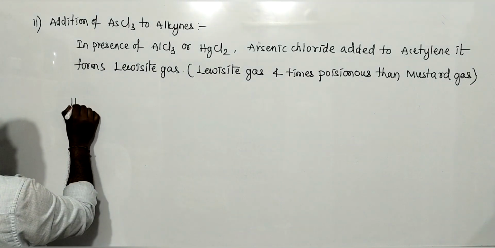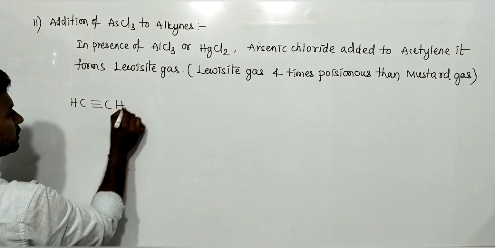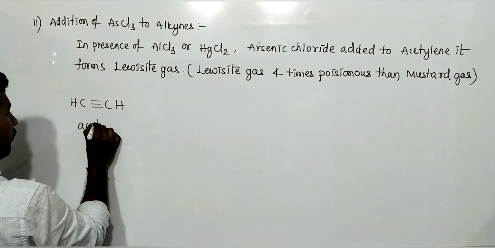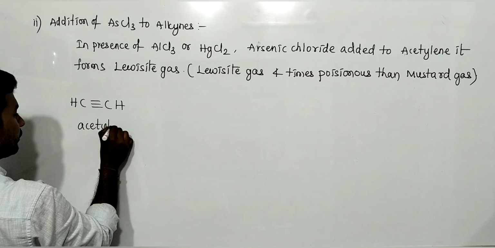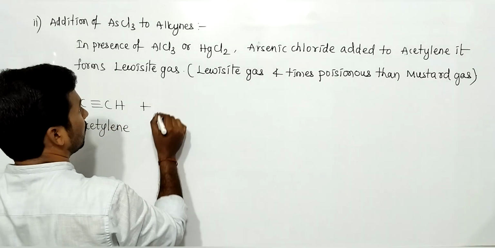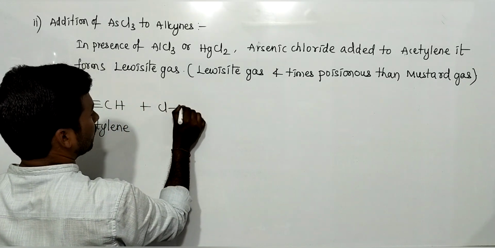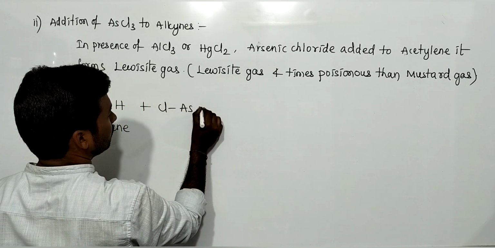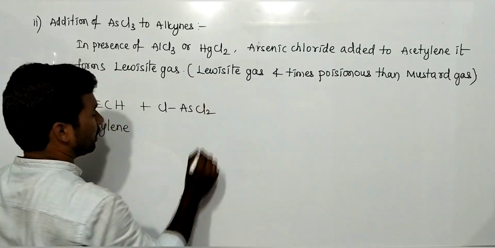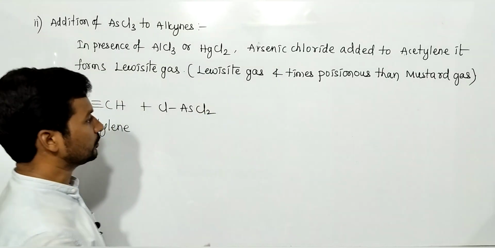When acetylene, formula CH triple bond CH, is treated with arsenic chloride, formula AsCl3. So I am writing one chlorine here. So remaining is AsCl2.